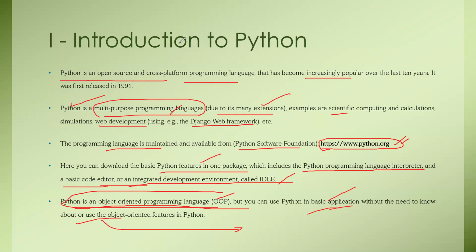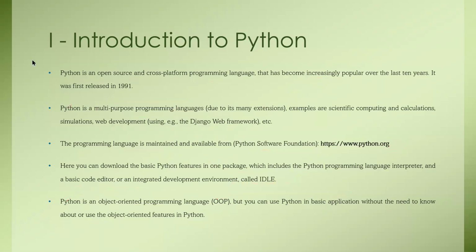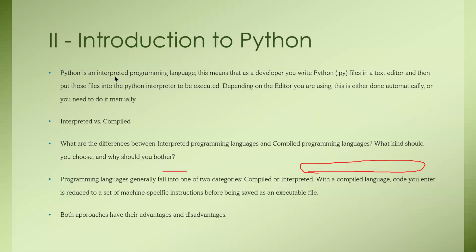I used one term here, right? The versatility as well as the interpreter. When you install Python, it comes with a programming language interpreter, which is responsible for interpreting your source code for execution.